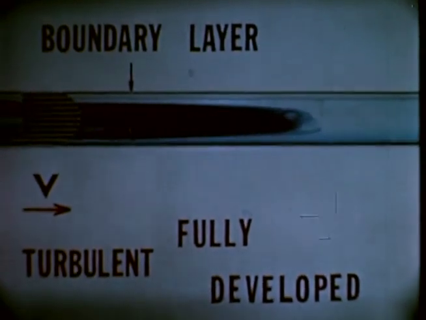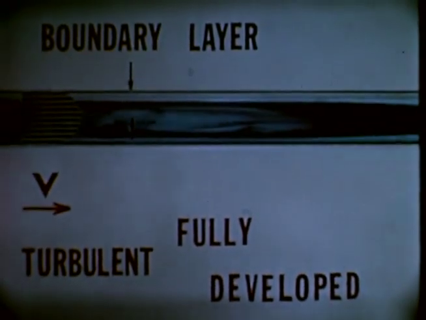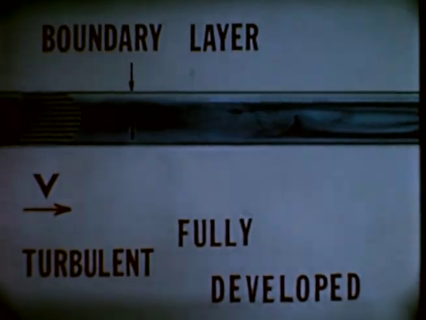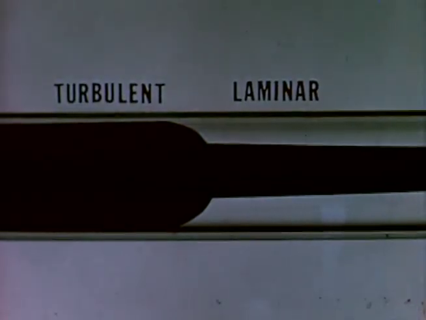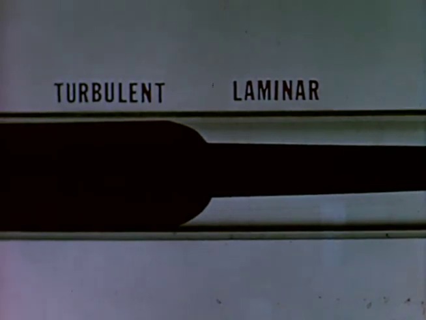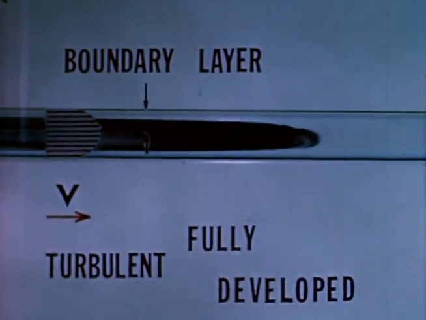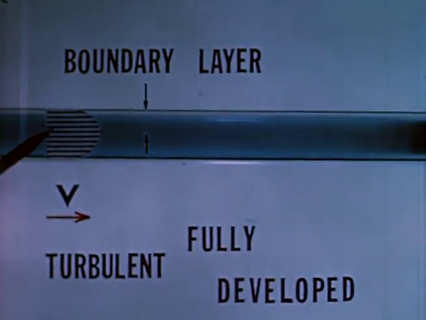Pipe flow, too, becomes turbulent at large Reynolds numbers when disturbances exist, and the velocity profiles are much flatter.